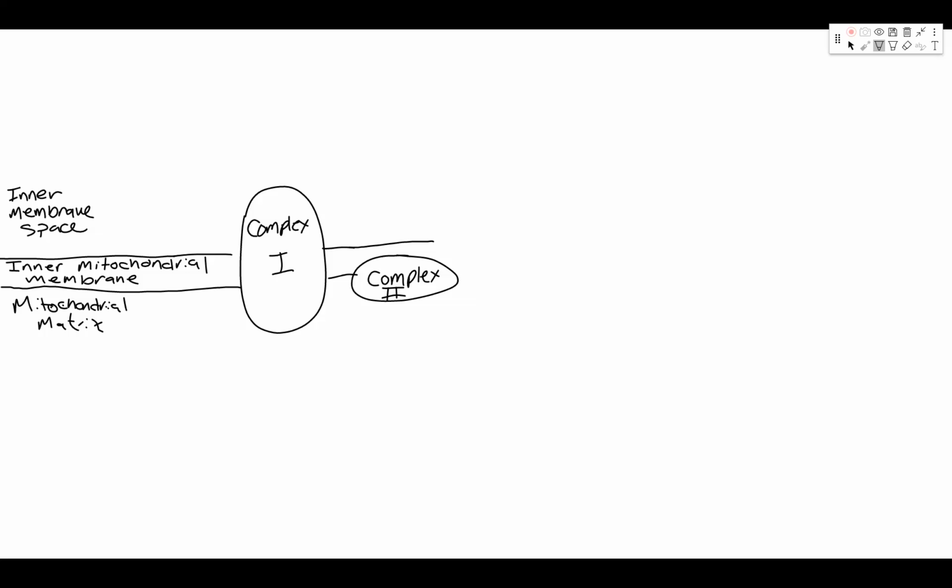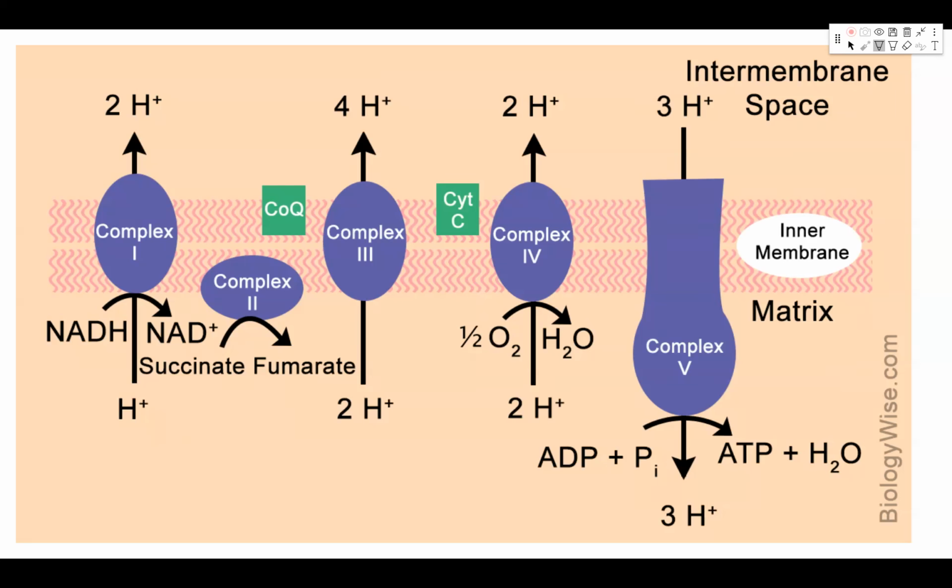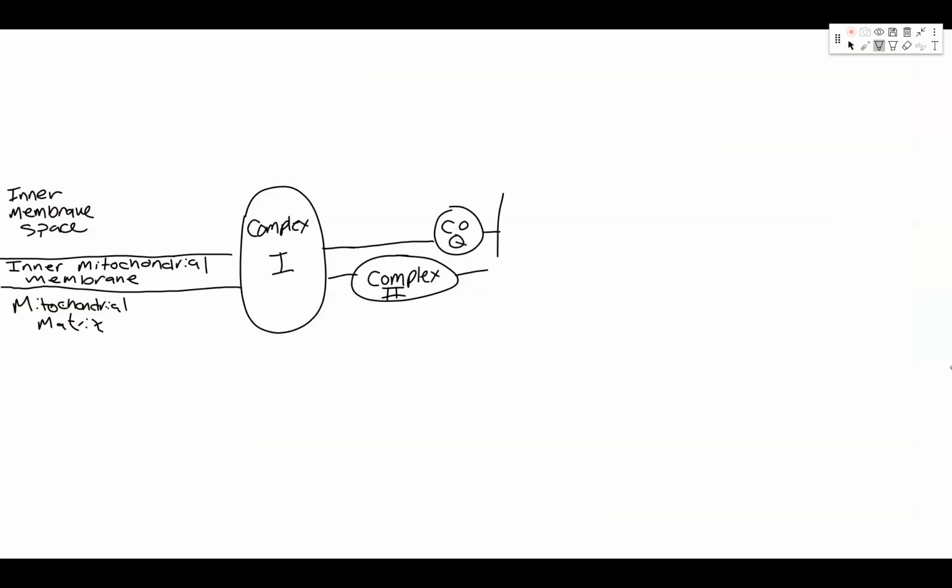Before we hit complex 3, there's a cofactor that is used to help. We call that cofactor Q. So we can have a little CoQ up here. And this is the order that those electron carriers will go through as they move down the electron transport chain. After CoQ, we have complex 3, which is another transmembrane protein.